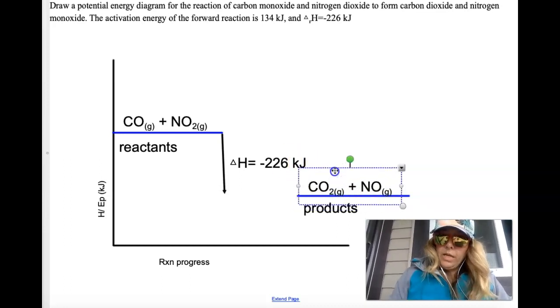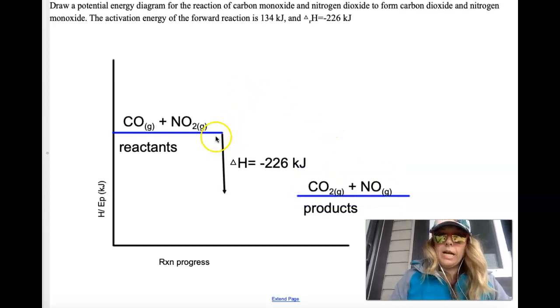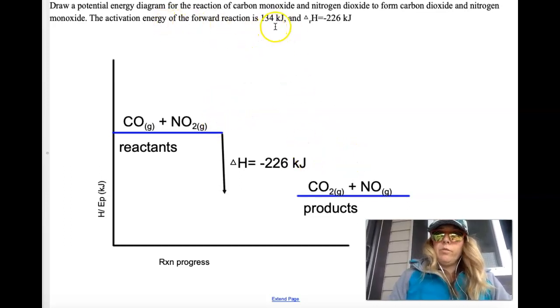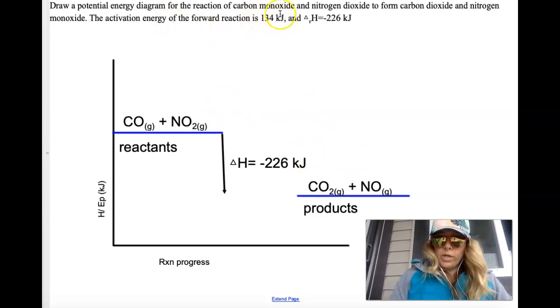All right, so what are we still missing? We are missing our activation energy barrier. So how high should I draw it? Well, the activation energy of the forward is 134 kilojoules. So if this represents 226, I don't want to say this is half of that because it's a little more than half of it.